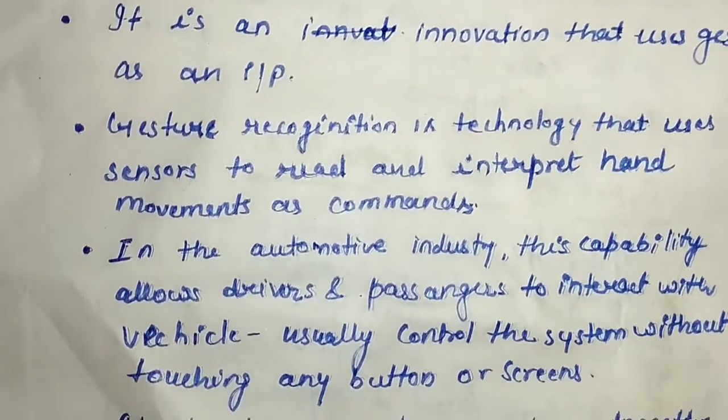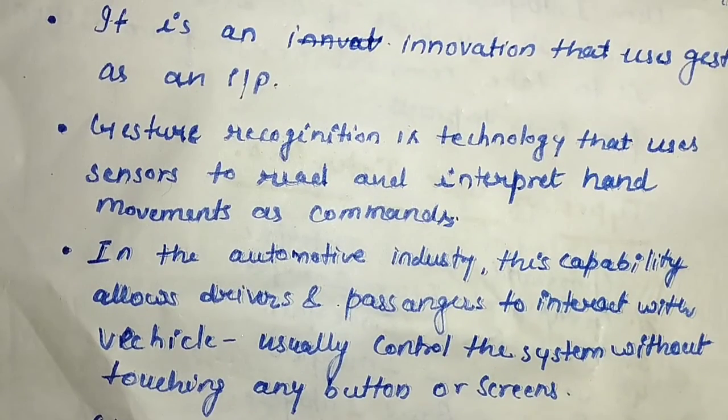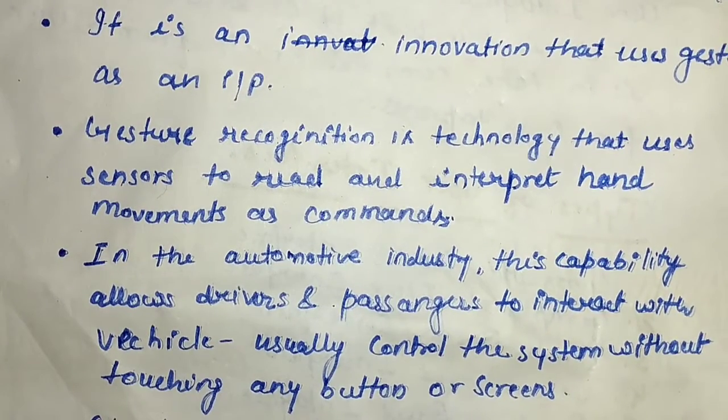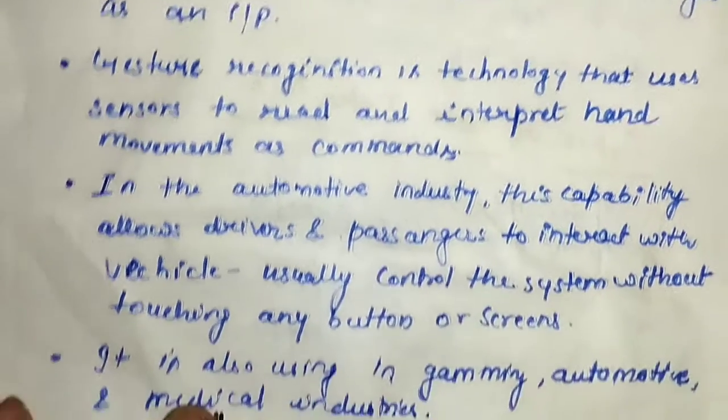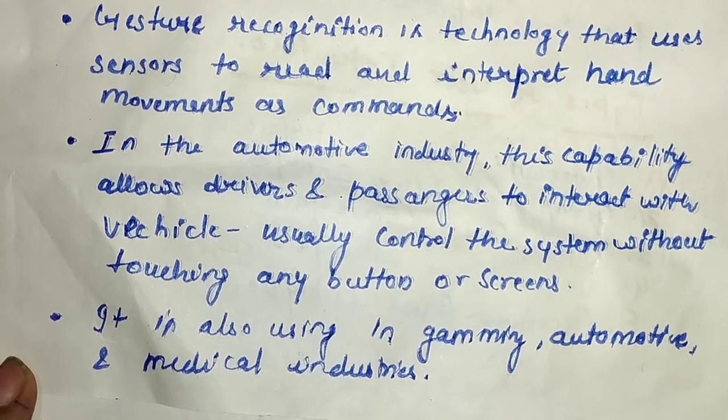For example, in the automotive industry, this capability allows driver and passenger to interact with the vehicle, usually control the system without touching any button or screen. So, it is also used in gaming, automotive and medical industries.